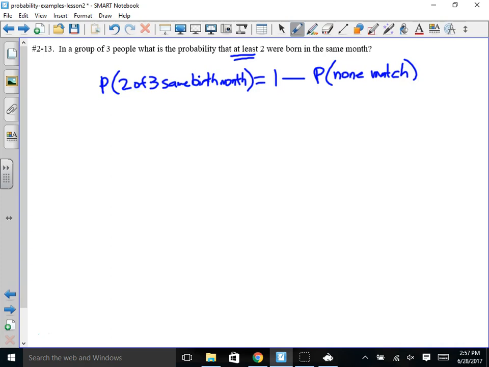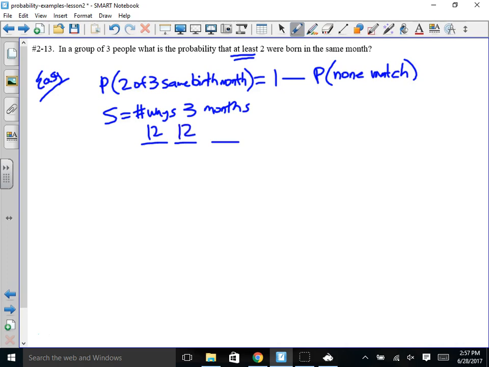So let's try this. This is actually the easy way to solve the problem. Okay, so what's the probability that none match? Well, we would have to first say that the sample space is all the number of ways to have 3 months, if I don't care whether they match or not. So let's say that there's 3 people, so there are 12 months for the first person to be born in.